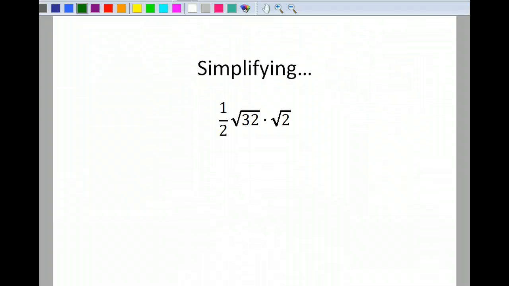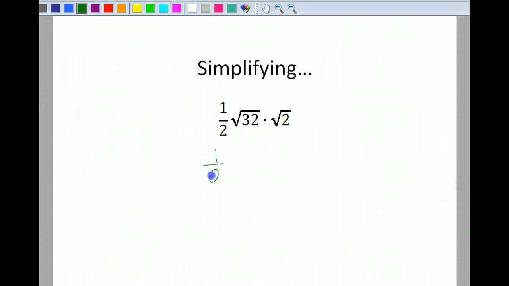Oh, let's look at this one now. This one just looks ugly. I have 1/2 times the square root of 32 times the square root of 2. I know I can't take the square root of 2. Square root of 32 is not a perfect square either. Oh, but what if I multiply these two together? What's 2 times 32? 64.